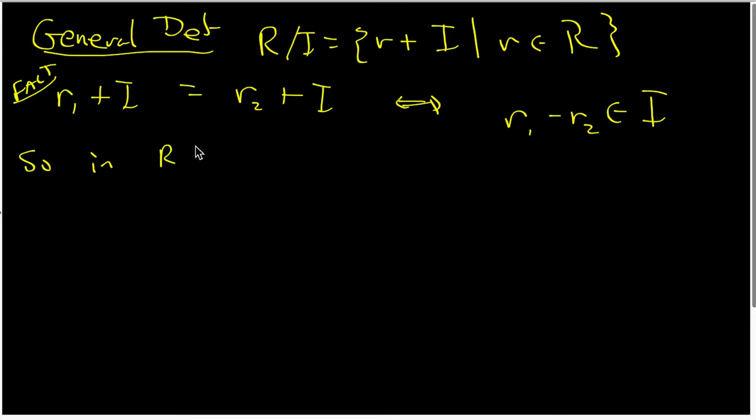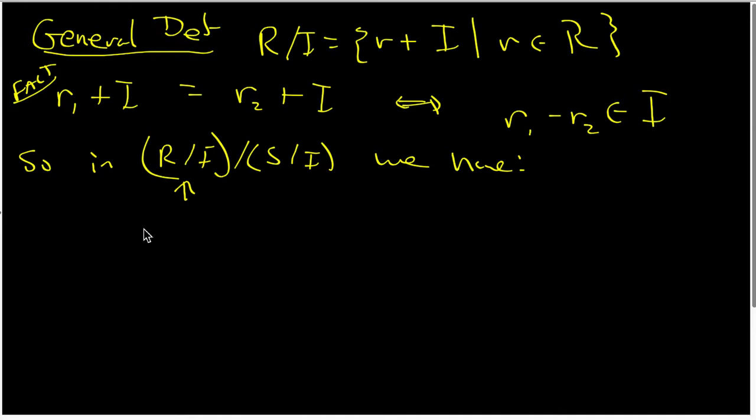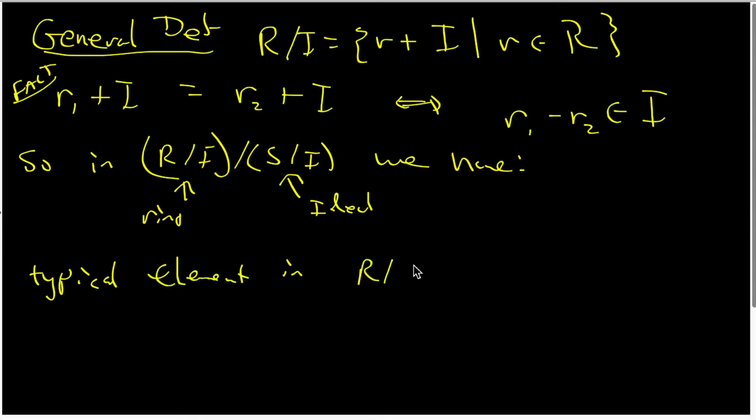We need to apply this definition and this fact to our new quotient ring. So in R mod I modded by S mod I, we're going to have this. The ring is R mod I. The ideal that we are modding out by is S mod I. So a typical element inside R mod I, modded out by S mod I, is going to look like this.